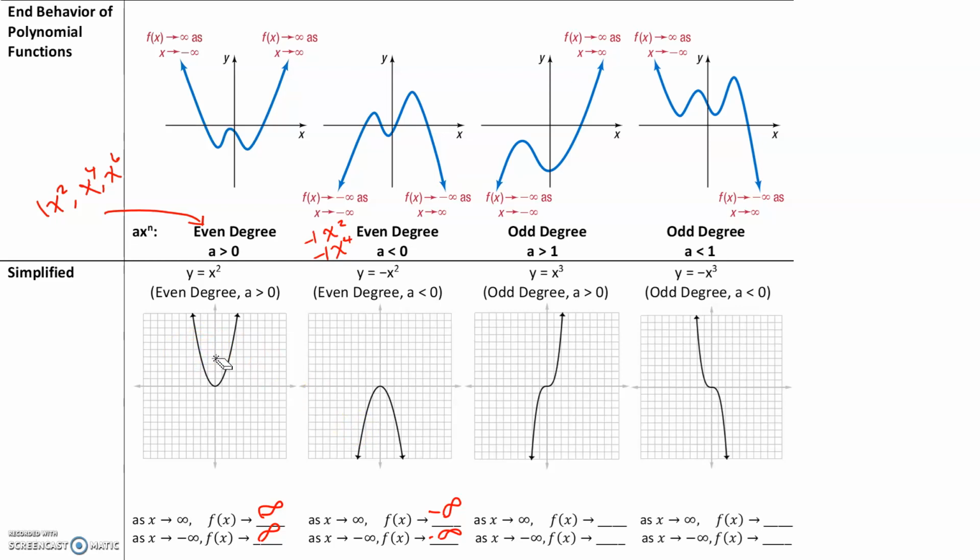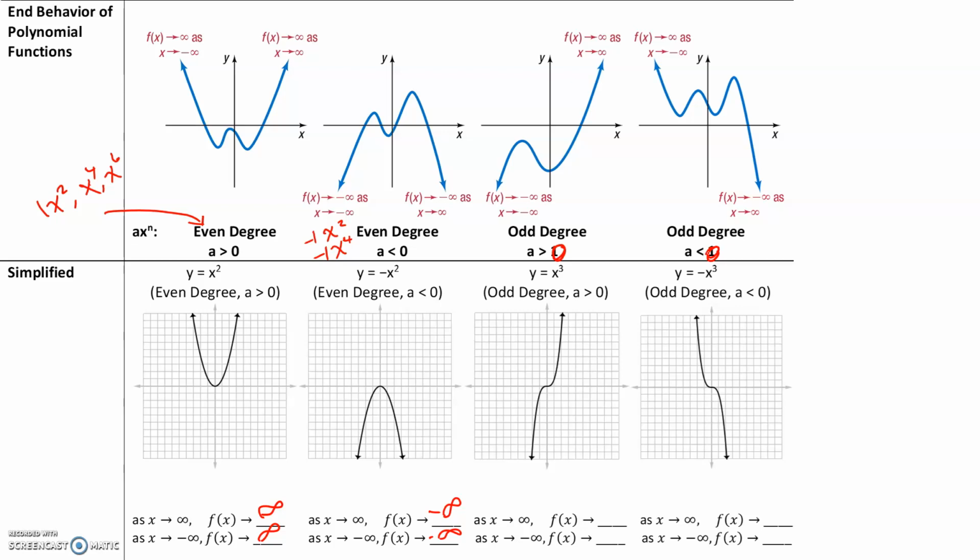Okay, let's think about the graph of y equals x cubed. In this case, the degree is an odd degree, which means the exponent is an odd number, and the leading coefficient is greater than 0. I apologize, I shouldn't say 1, so obviously 1 or higher.